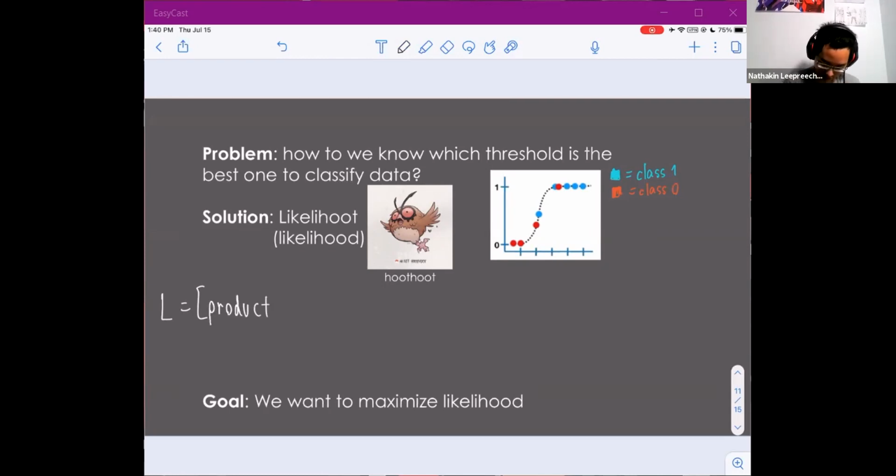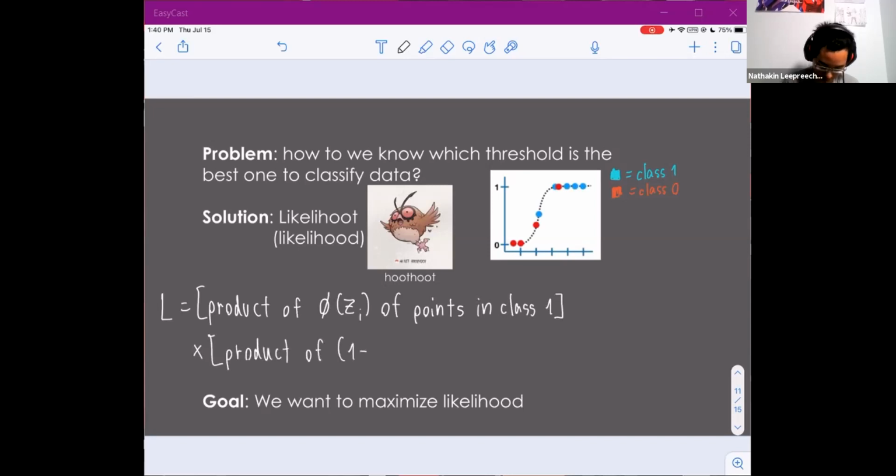So it's going to be the product of phi of z, for a particular point zi, for points in class 1, times the product of 1 minus z.